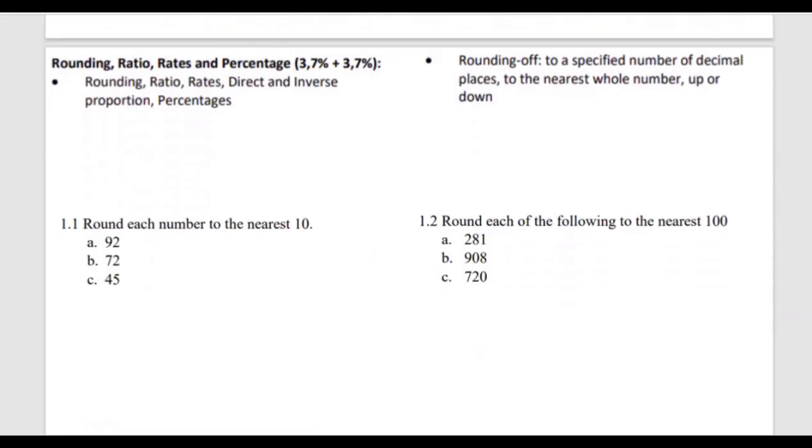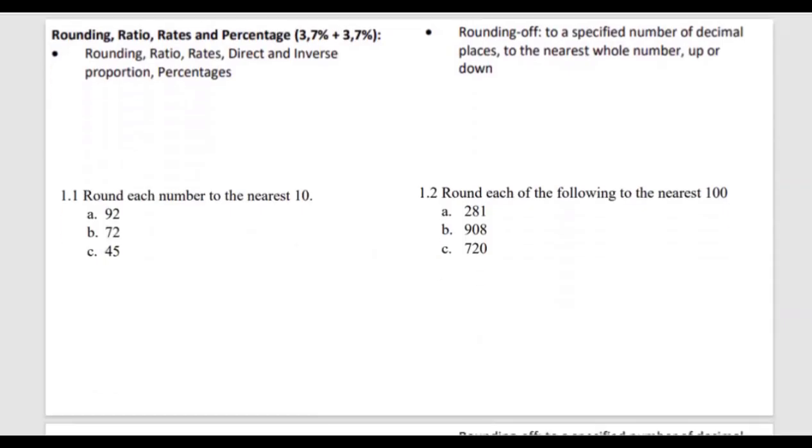Let's look at ratios and rates. We shall look at rounding, ratios, rates, percentages. You will see this as we go on. Let's start with rounding. Rounding is making the number shorter.